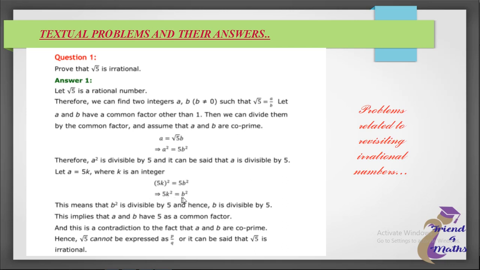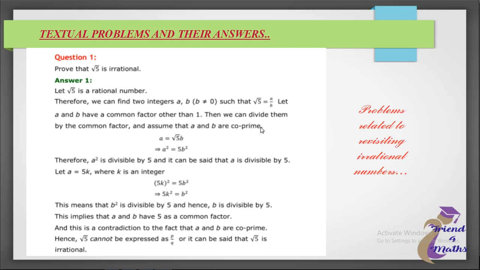From this we can get that b square is a multiple of 5, that is 5 divides b square, and from the theorem we know that 5 divides b, that is 5 is a factor of b.